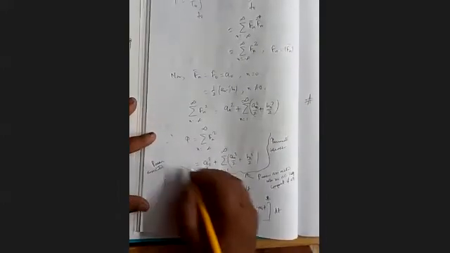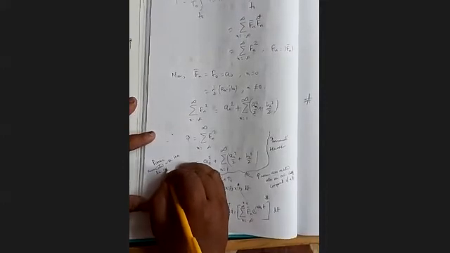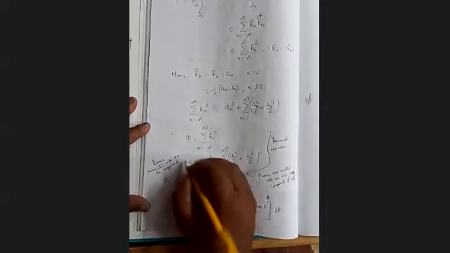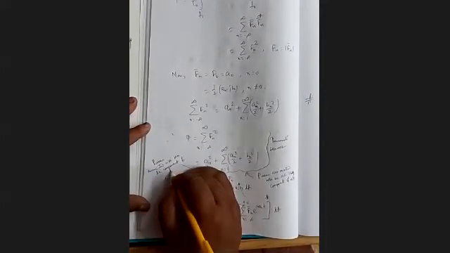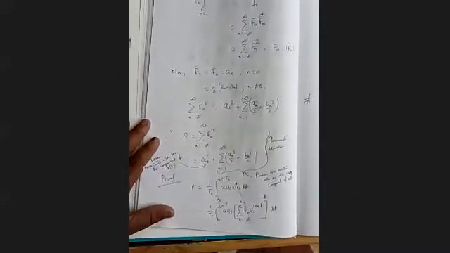It is the power associated with the DC component of xt. So total power is the power contributed by all the components.